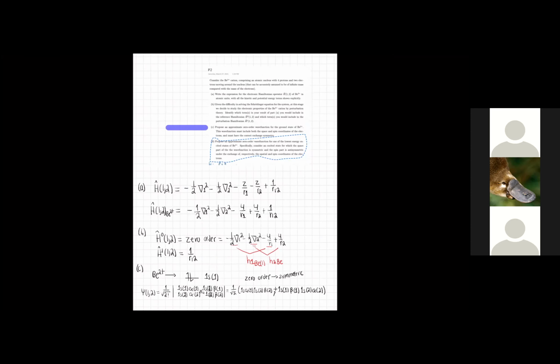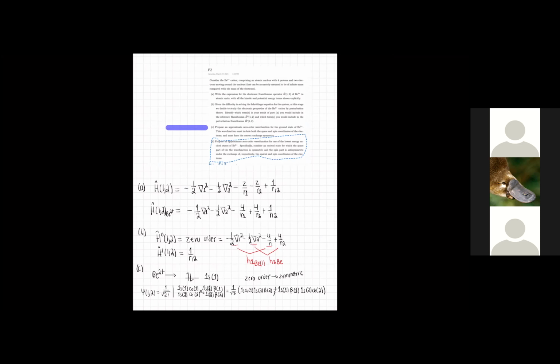The wave function has to be symmetric, or rather, when you talk about a zero order wave function, that's not like a proposal.